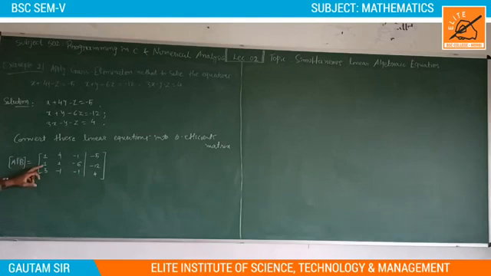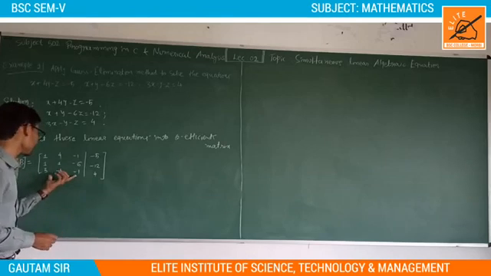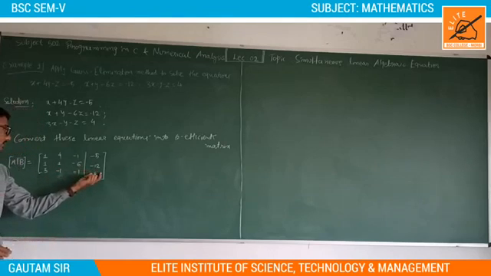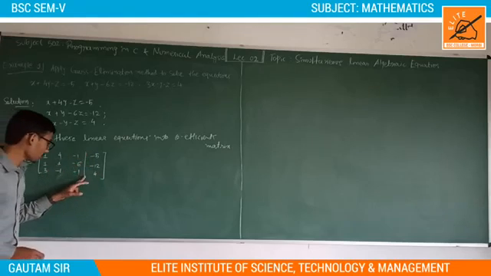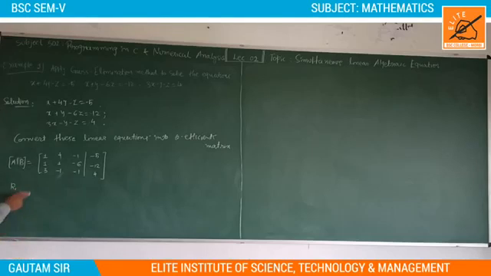That means those elements must become 0. Here the 3 must become 0, which is compulsory. Our first operation must be a valid row operation, because if you apply a column operation, the equations may not be preserved. So you have to apply only row operations. How do we make that element 0?